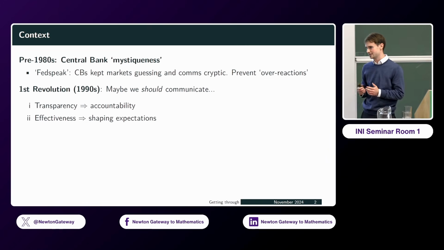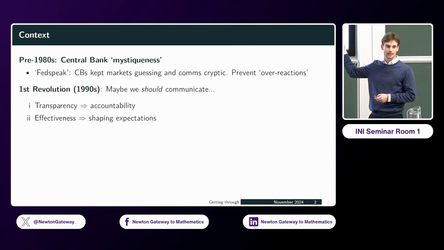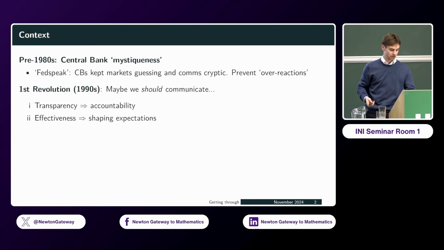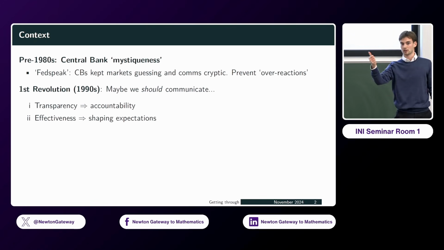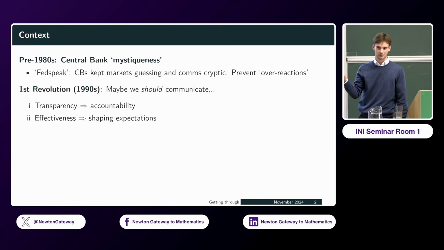Firstly, from a transparency perspective, institutions like the central bank are not directly voted for by the general public, and so from an accountability perspective, we should be transparent as to what we're doing. The second is that the central bank has 2 remits: 1, keep inflation low, and 2, stop the financial system from crashing, to put it simply.